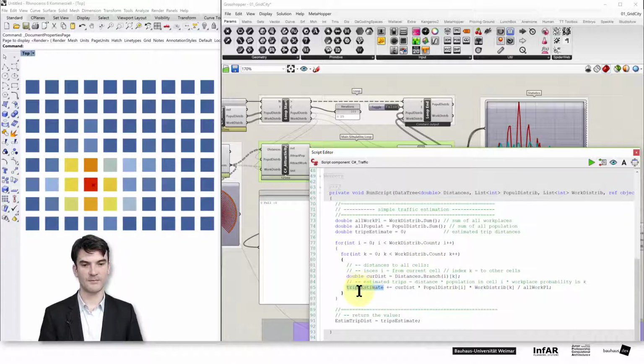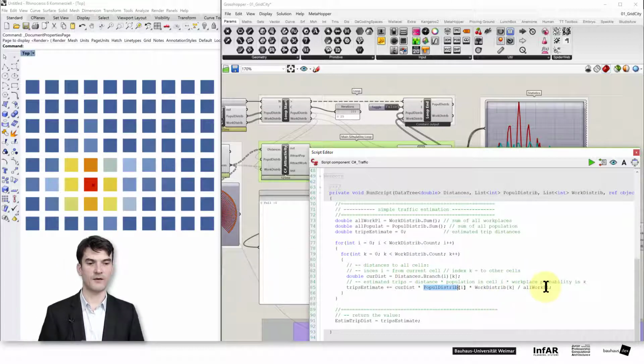And then I have a trip estimate value, which works in a way that I take the current distance that's computed here and multiply it with the population that is located in the cell that I consider, multiplied by the workplaces that I find at the other cell which I look at in a certain distance. So if I have a lot of workplaces, for example here, and I'm here, then depending on the distance, so and so much traffic is caused.